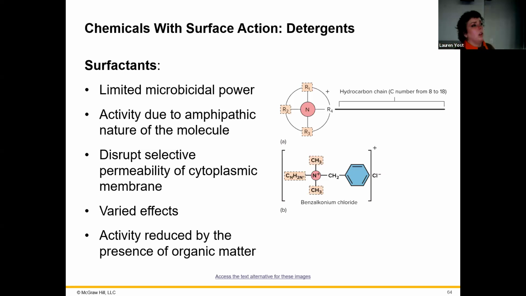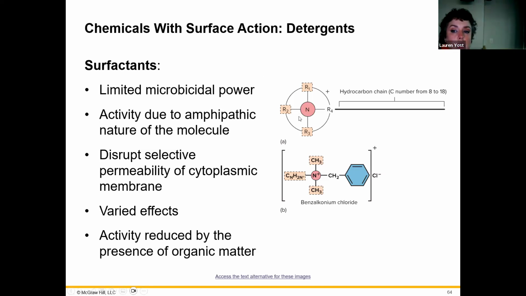A lot of these have an actual positive head, so they're even more likely to interact with the negative heads. The negative heads will hang together because they're charged, but they're negative to negative. But when you introduce that positive head, it really wants to break in and disrupt the membrane.